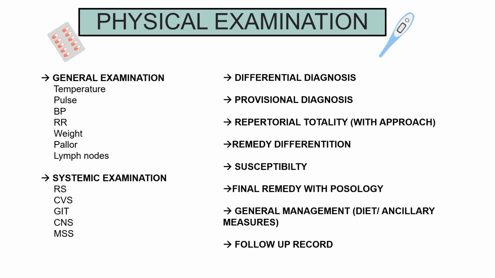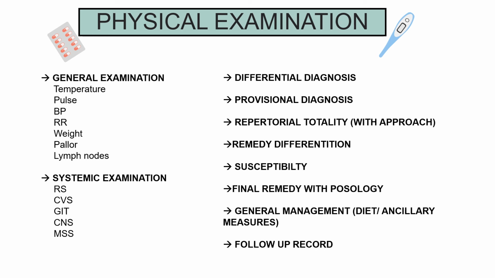It is important for us to understand the general examination and also the readings from the examination so that we can understand the differential diagnosis and go for a provisional diagnosis for the patient. After that, we should do repertorial totality with an approach according to either Kent, Boenninghausen, or Boger.